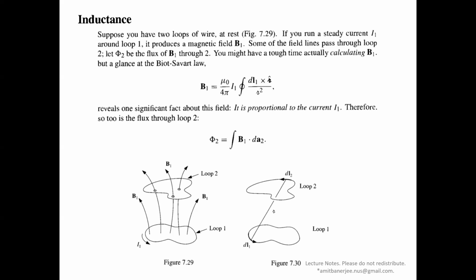So if we do the integration across the area of loop 2, that will be B1, which is the field, and the surface integration will be dA2.